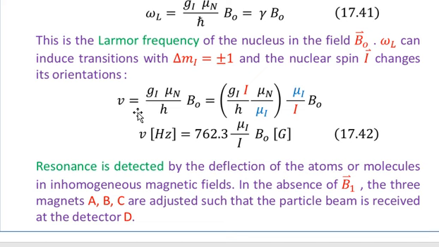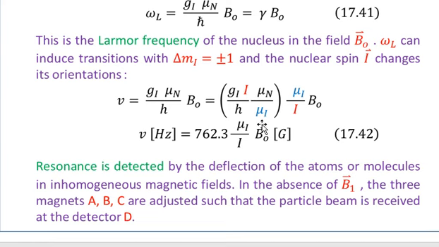The frequency nu of the incident beam, which causes the nuclear spin resonance, is given by this relationship: nu is equal to g I into mu N over h bar into B naught. You make a correction here, it is not h but h bar. I have introduced I in the numerator and in the denominator, shown in red.